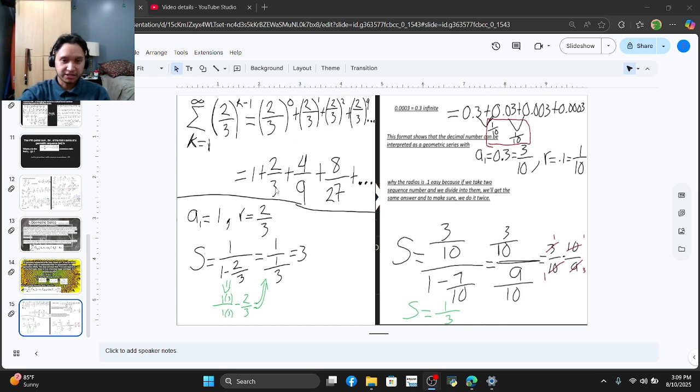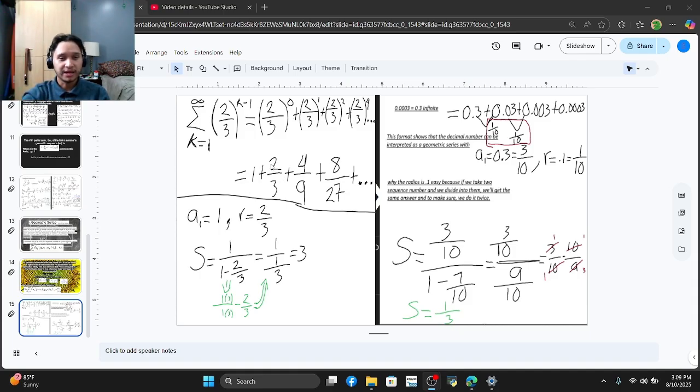So if we divide the second term and the third term, we were supposed to have the radius. If we divide the first term and the second term, remember that the second term has to be on top and the term that is in the back has to go lower.